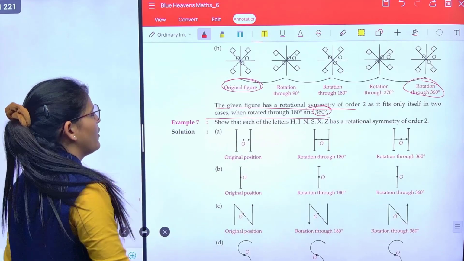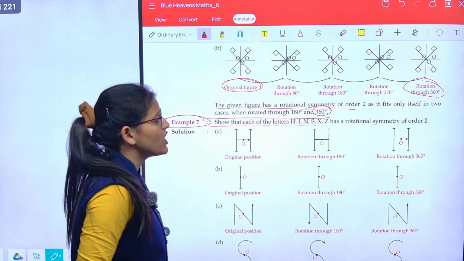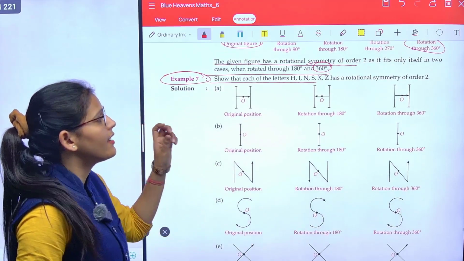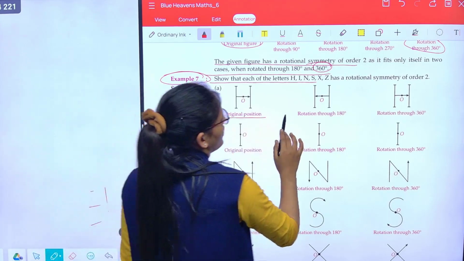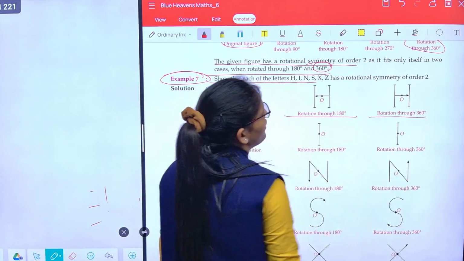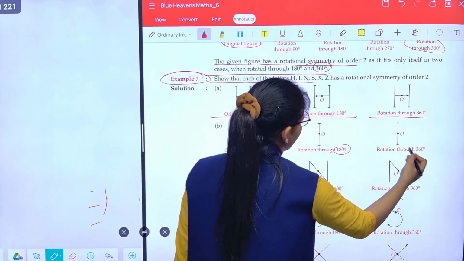Okay class, come on, example number 7. Show that each of the letters H, I, N, S, X, Z has a rotational symmetry of order 2. Original position, rotation through 180 degrees, rotation through 360 degrees. Now original, 180, 360.